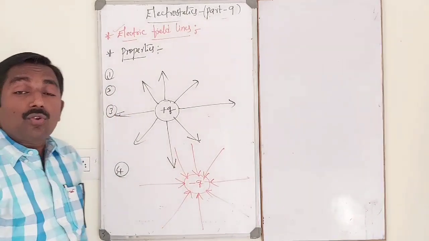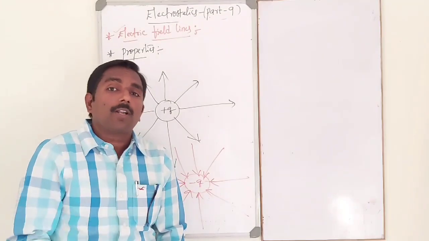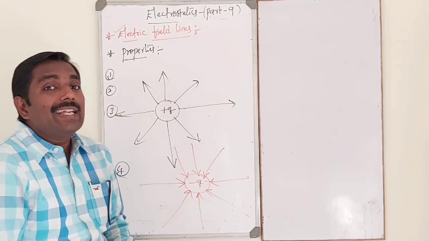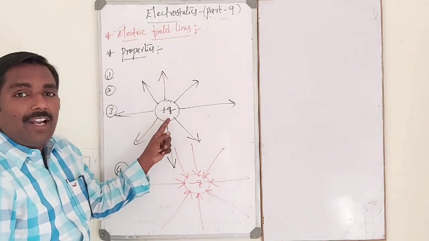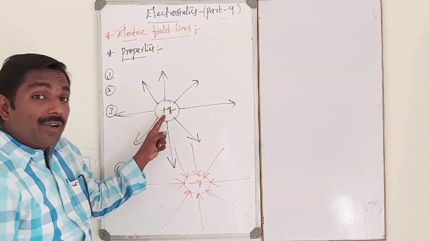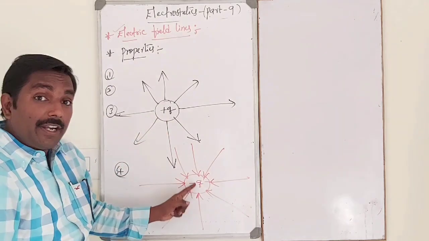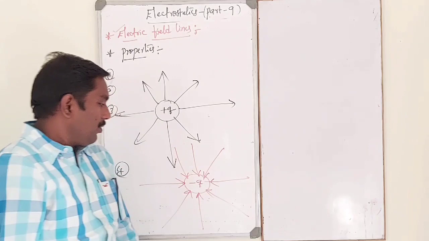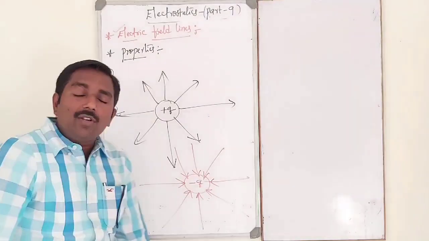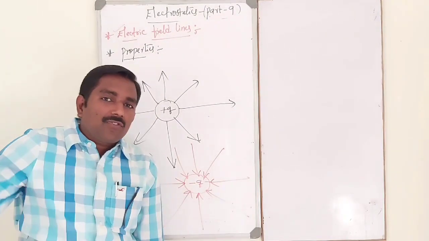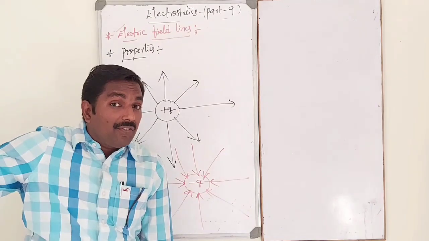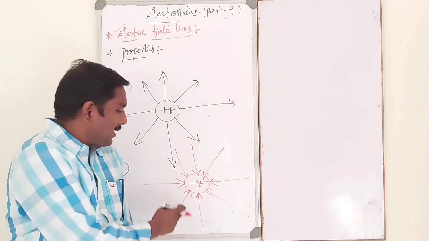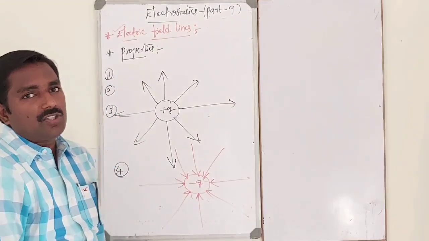Diagrams are also very important for 1 mark. Draw a neat diagram of electric field lines in case of an isolated positive charge and an isolated negative charge. Very most important 1 mark bits.